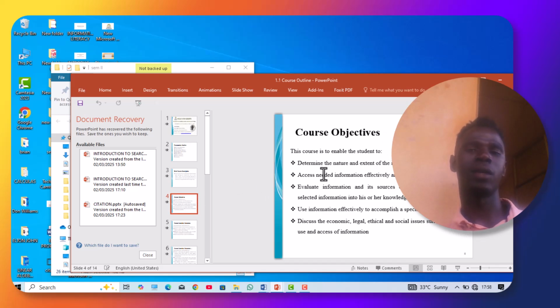The objective is just to determine the nature and the extent of the information needed. You cannot start delivering a speech when you are not sure. You need to deliver a speech when you have checked that you yourself are fine to deliver that speech. The other thing is to access the needed information effectively and efficiently.